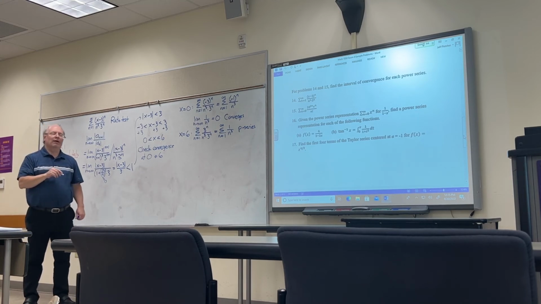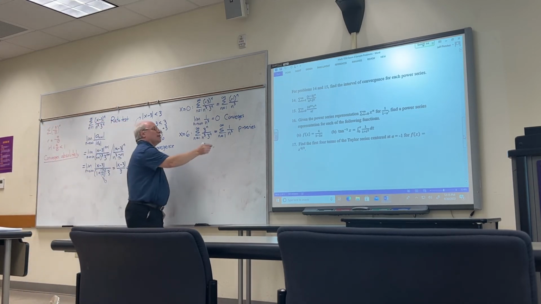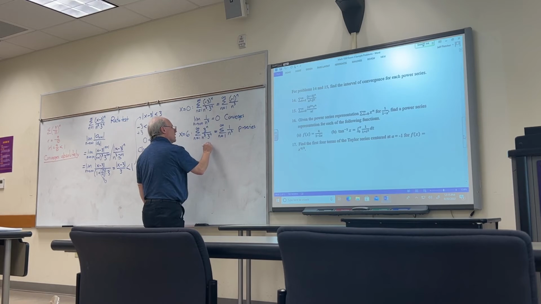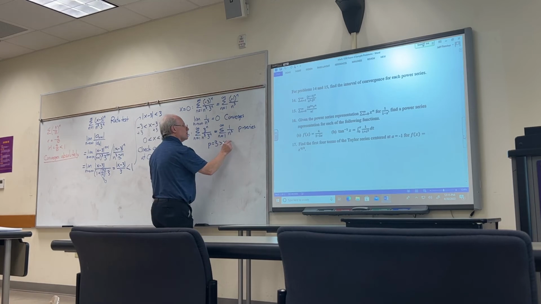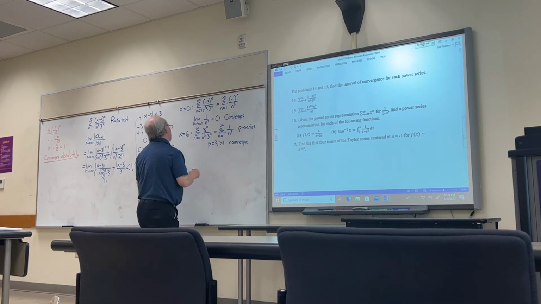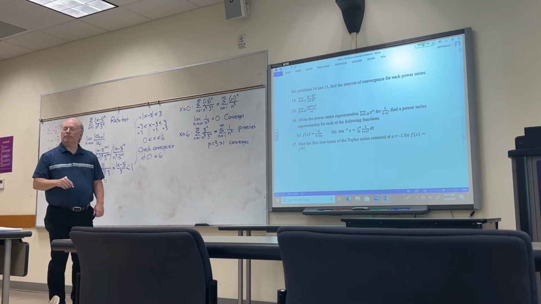We look at p, which is 3. If p is greater than 1, does the series converge or diverge? It converges. That's when a p series converges. So the series converges when x equals 6.